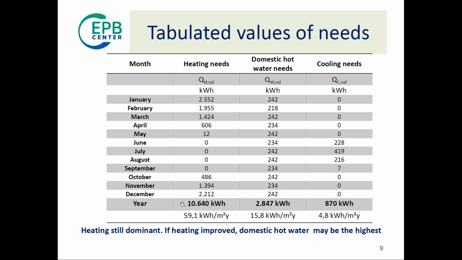It's neither a very old one with more than 100, nor a much more modern one with something like 20, 30, like a passive house, which would be even lower. And you have also here the average domestic hot water needs, 15 kilowatt hours per square meter per year, and some cooling needs, just to know where we are in this house. So we are speaking about an average house, probably not old, not new, something in the middle with some insulation.